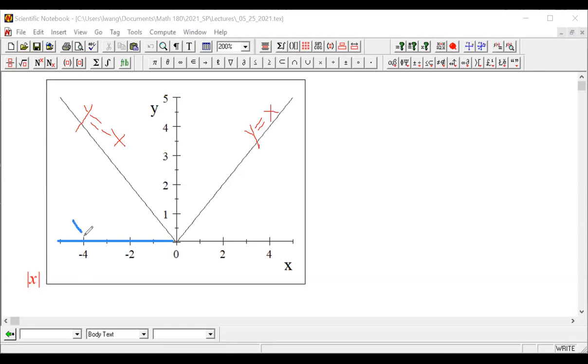When the input is negative, we apply this rule. When the input is positive or 0, we apply this other rule.